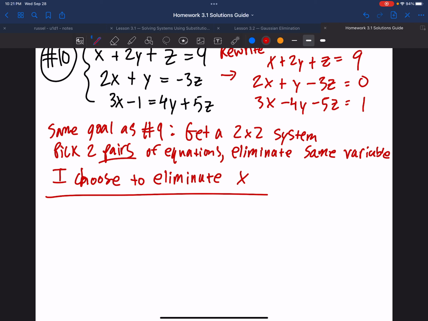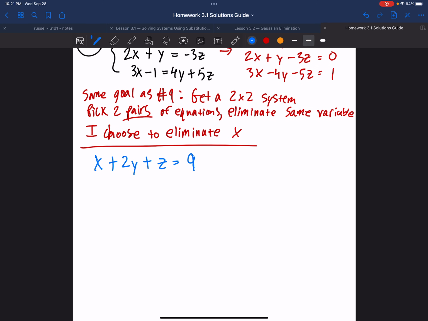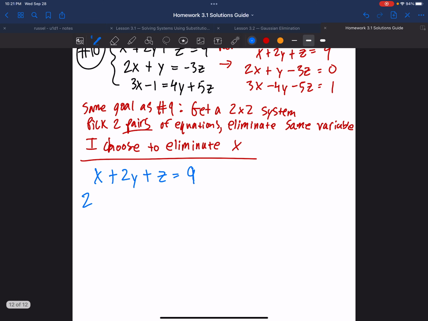So first equation is x plus, let's do this in a different color. Let's do blue now. x plus 2y plus z equals 9. And then I have 2x plus y minus 3z equals 0.